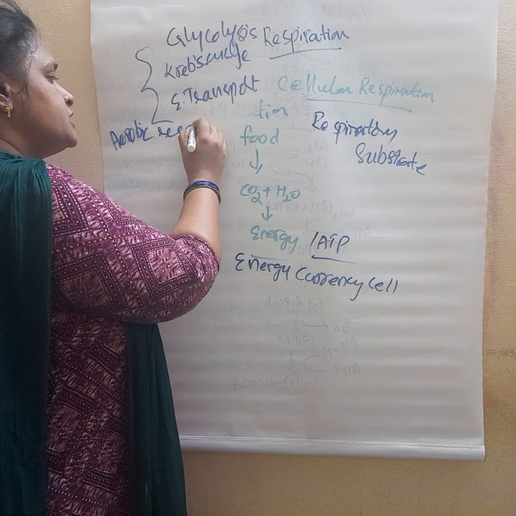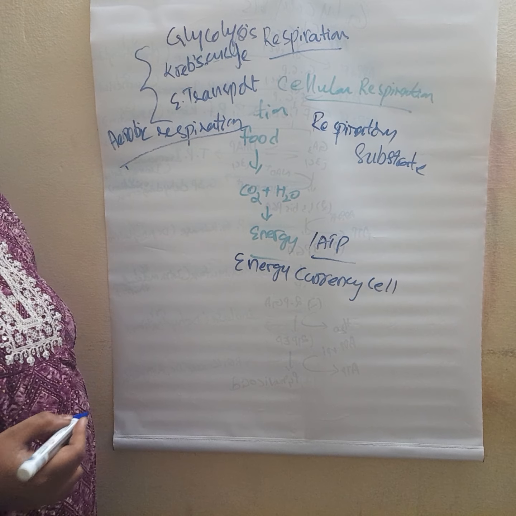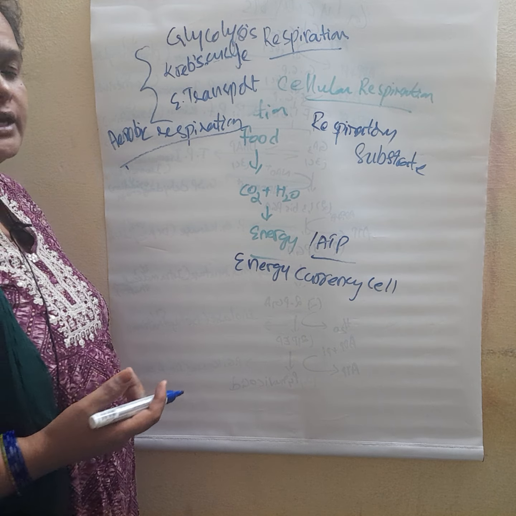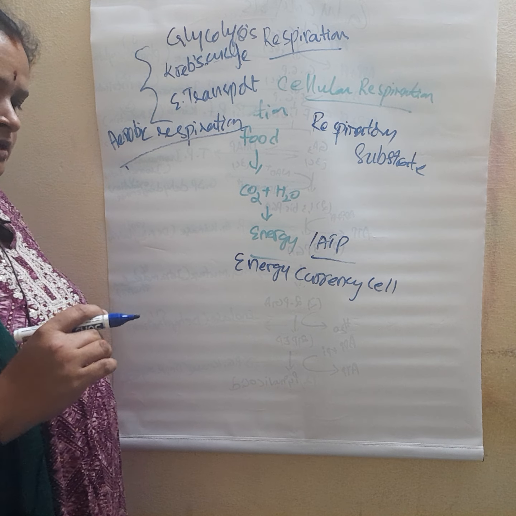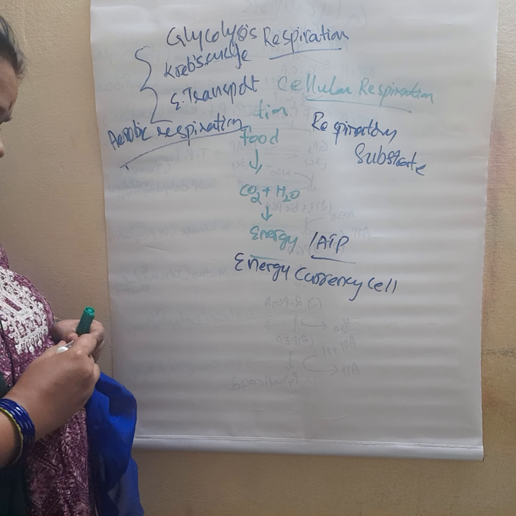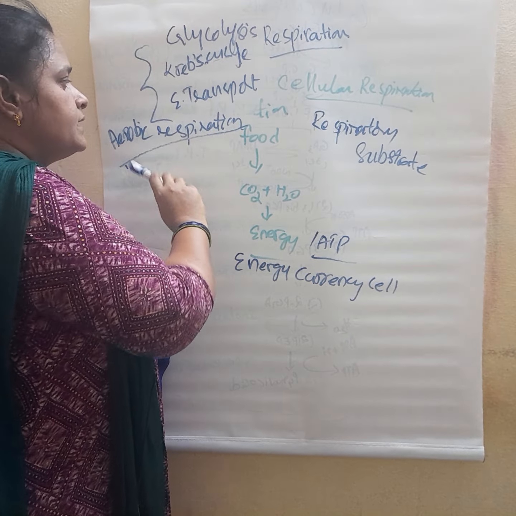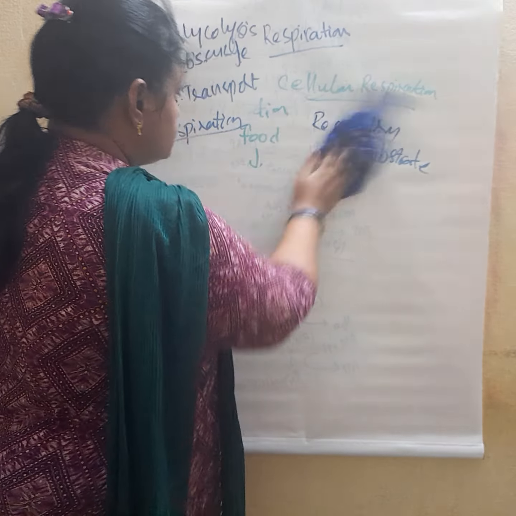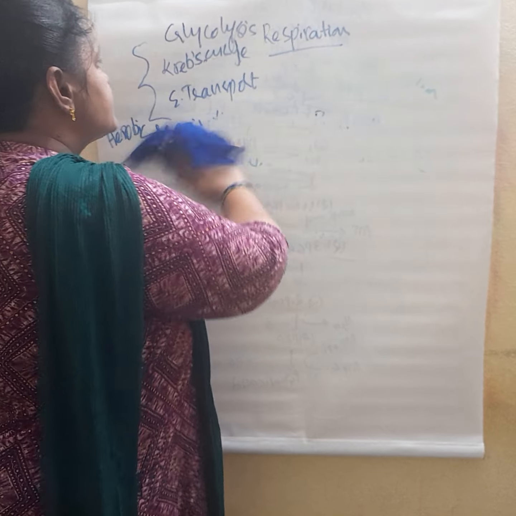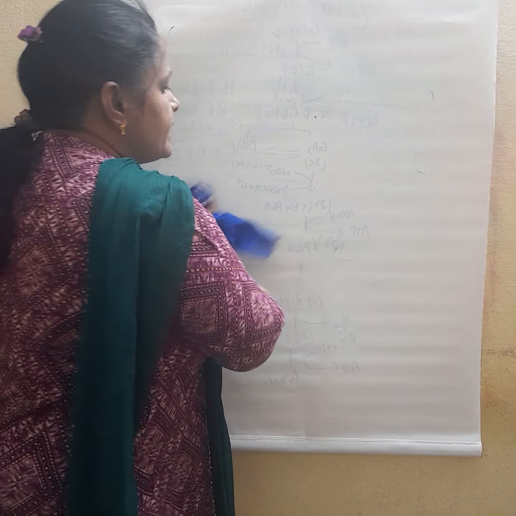Aerobic respiration is where oxygen, air, is available. Okay, and in anaerobic condition the respiration is somewhat different. We'll discuss the stepwise process of glycolysis, Krebs cycle and electron transport. First we'll discuss aerobic respiration. First step is nothing but glycolysis.